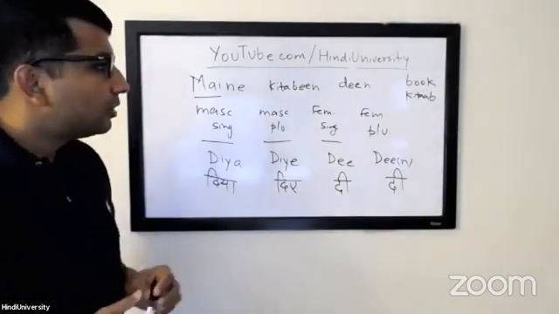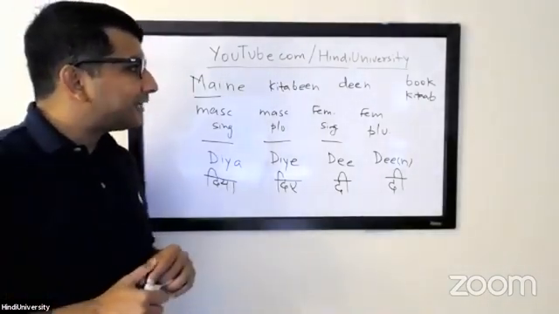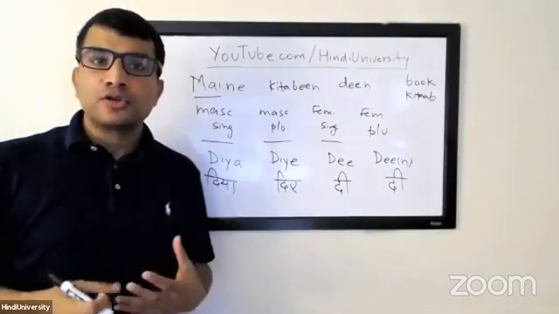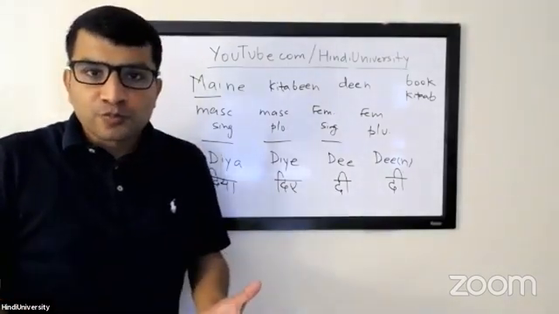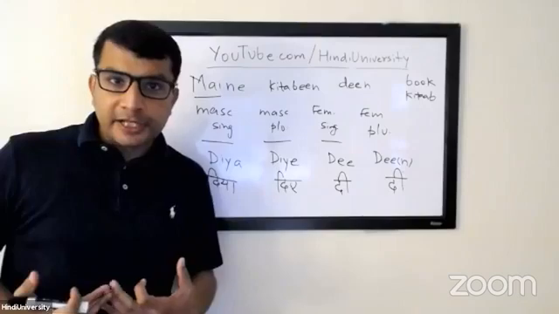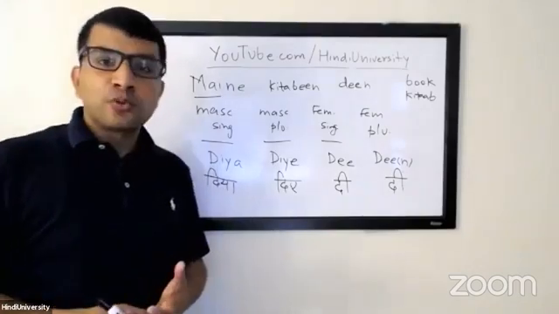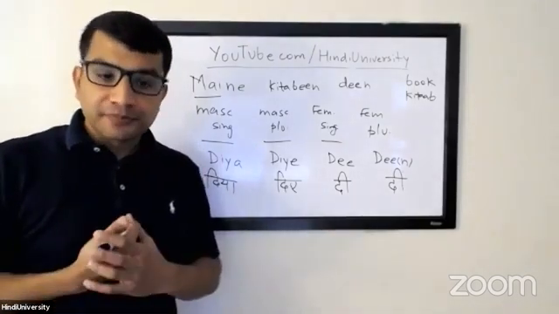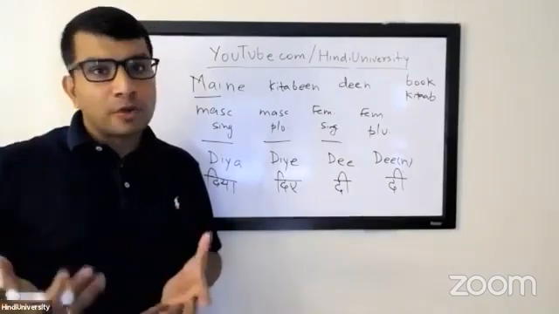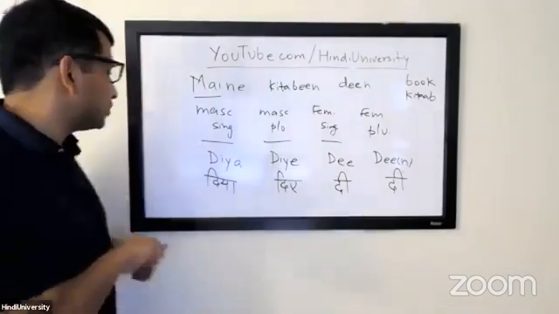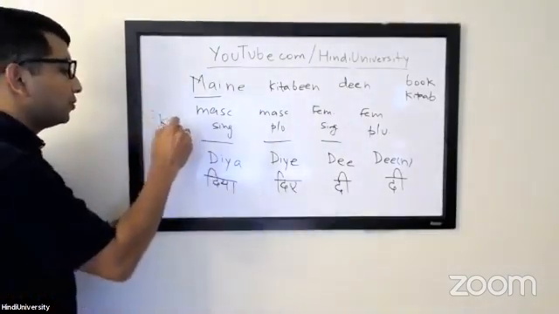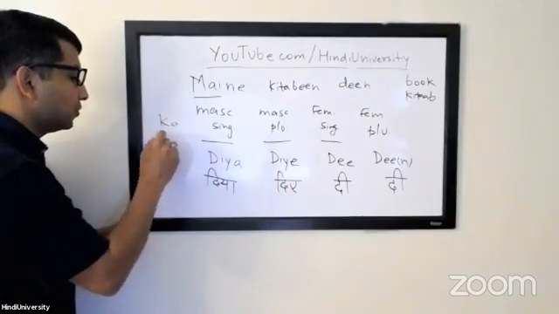Now, you can make it even more interesting by saying who you gave it to. Whoever is receiving it will get another postposition, को, with it. That's the most common use of the को postposition.